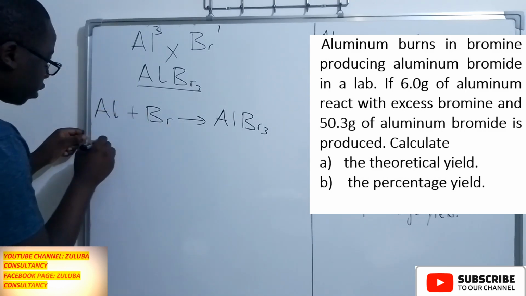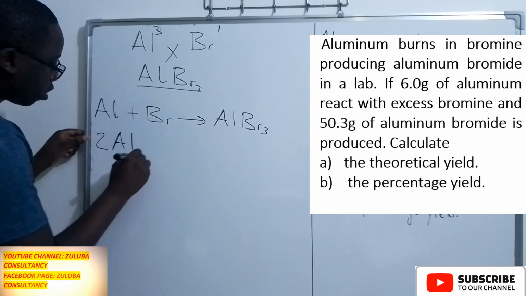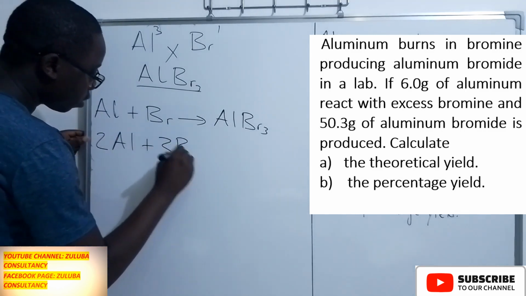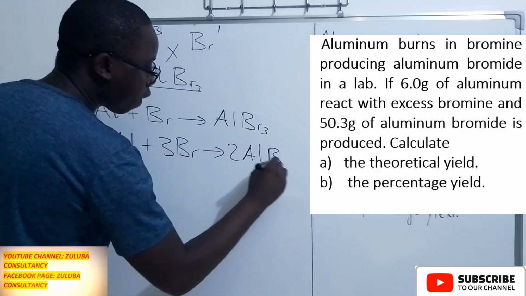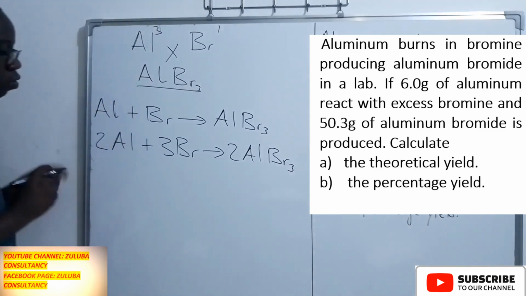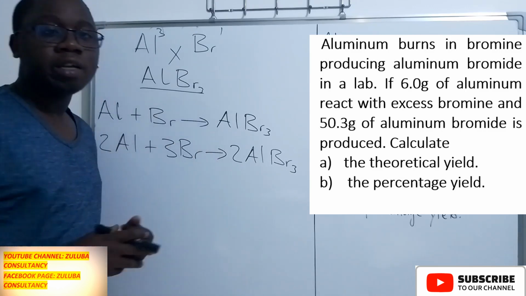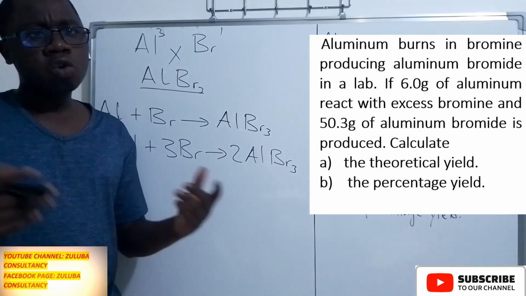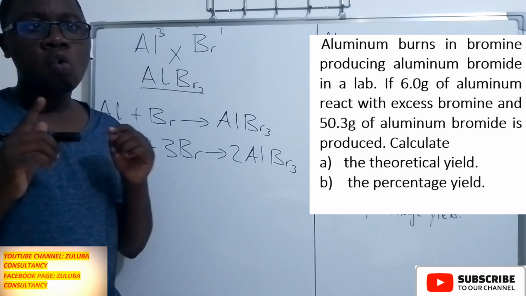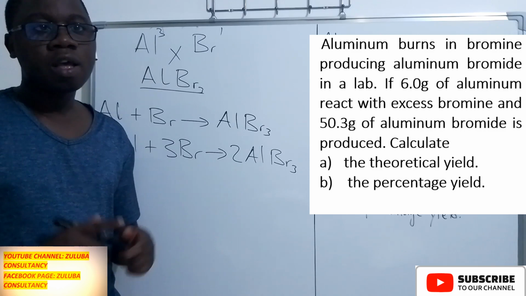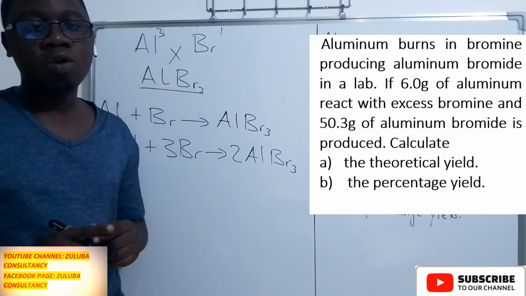If we introduce a 2 here, and then a 3 here, and a 2 here, this equation is balanced. If you have challenges in knowing how we have quickly managed to balance this chemical equation, you do well to watch one of our videos that we have produced on how we balance chemical equations. That will help you gain the skill needed for you to balance chemical equations.